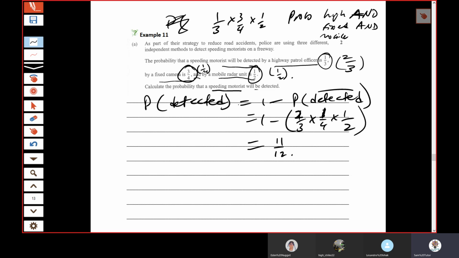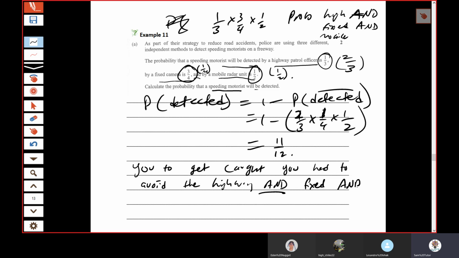So for you to get caught, that means you had to avoid the highway patrol, and the fixed camera, and the mobile radar unit.